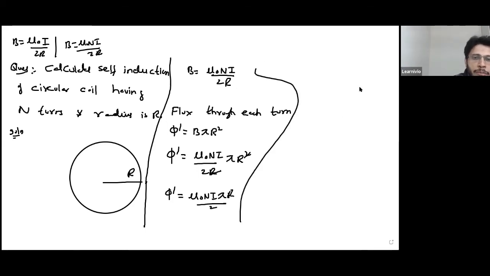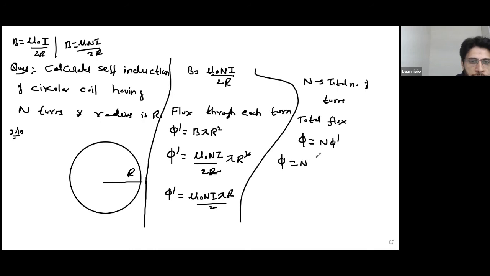Then the total number of turns is n. So you can easily calculate the total flux. Total flux phi is n phi prime. So total flux phi is n into mu naught n i pi r by 2.